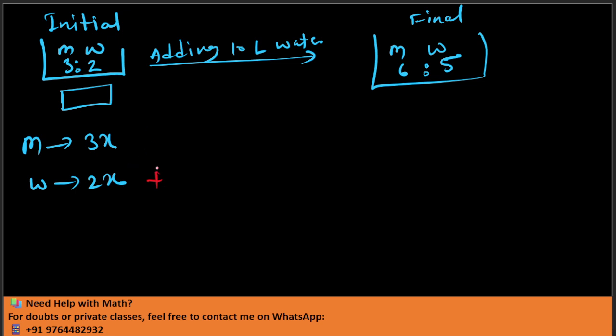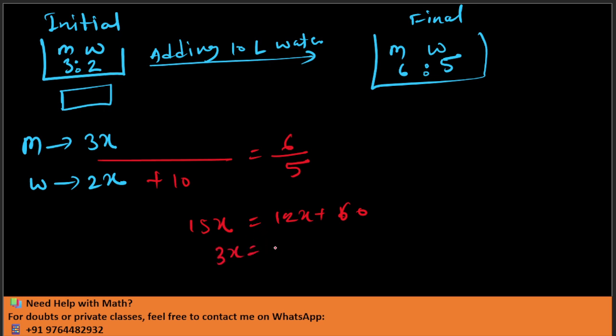Now if I take the ratio of these two, it should be 6 is to 5. By taking the cross multiplication it will be 15x, and this equals 12x plus 60. So 3x is equal to 60 and x is equal to 20, right?